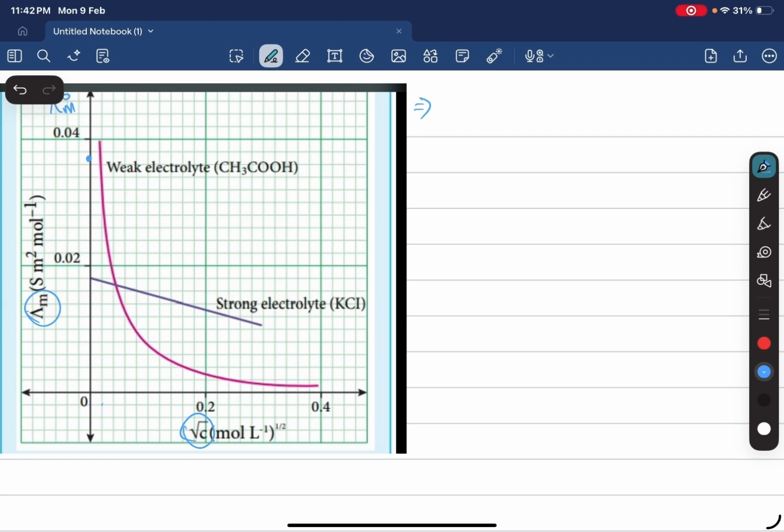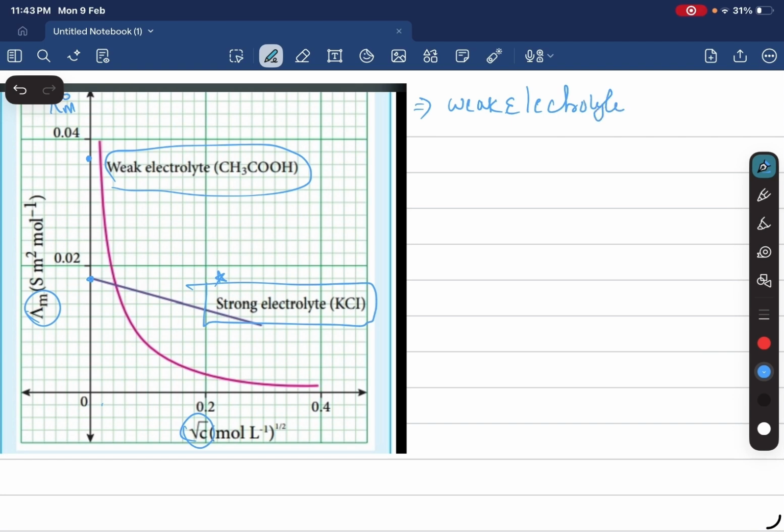So the Debye-Onsager equation is not applicable for weak electrolytes, which means we cannot calculate the maximum conductance of a weak electrolyte on dilution. But the strong electrolyte touches the y-axis, which means the strong electrolyte has a limiting molar conductivity on dilution. So this theory is not applicable for weak electrolytes and valid for strong electrolytes.